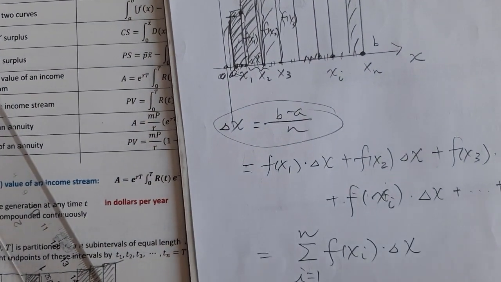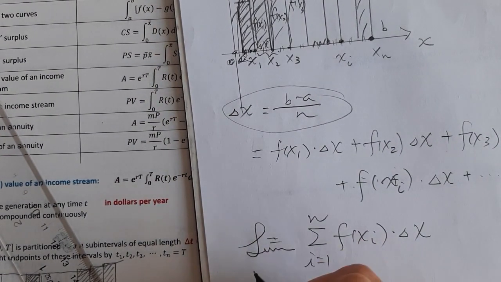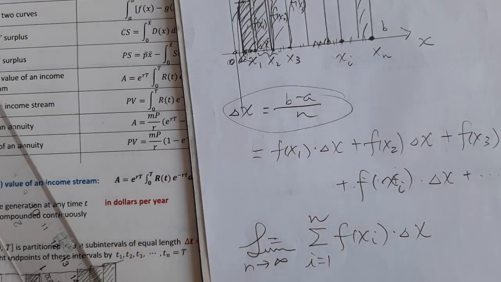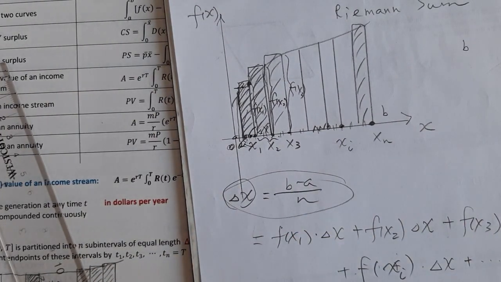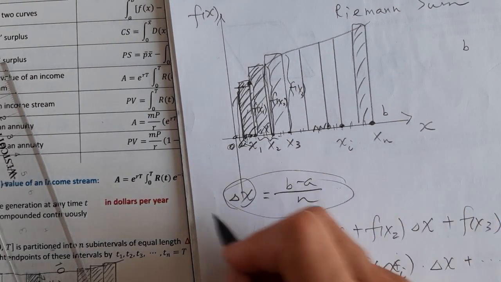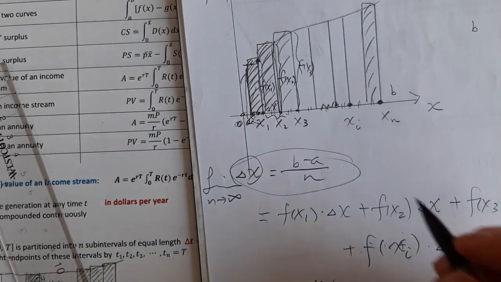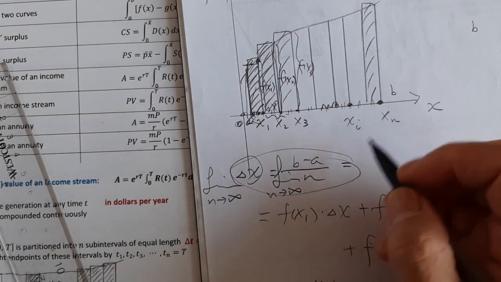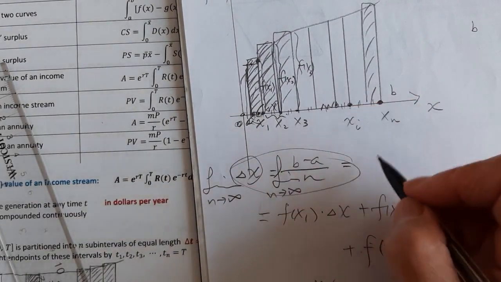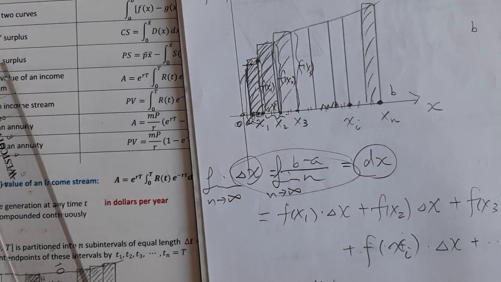Now if we take the limit as n goes to infinity, that means this delta x becomes very, very small. When the limit of n goes to infinity, that difference of x is very small, so we use dx to represent it.